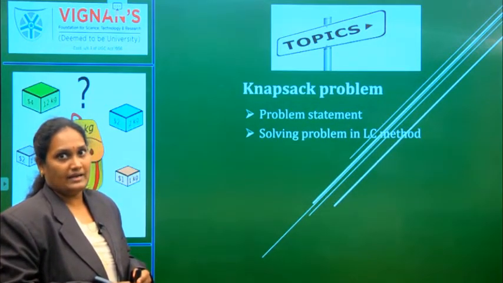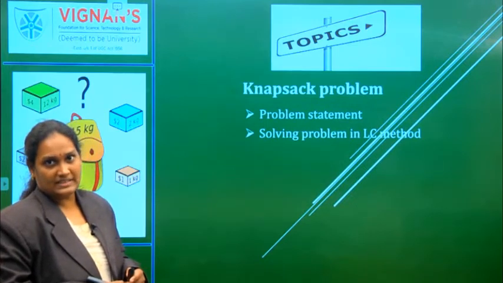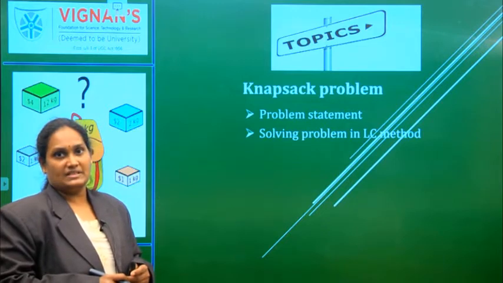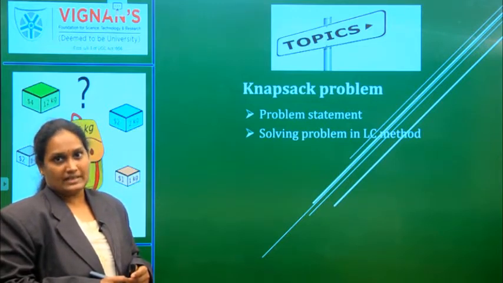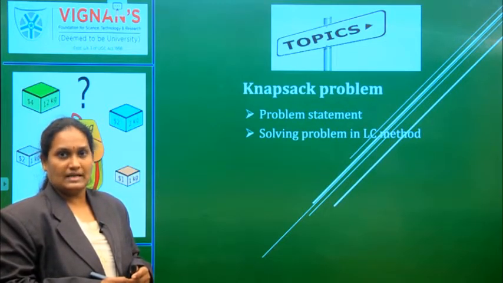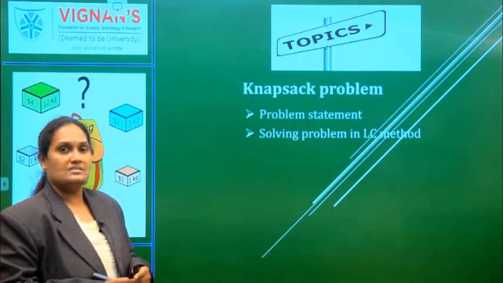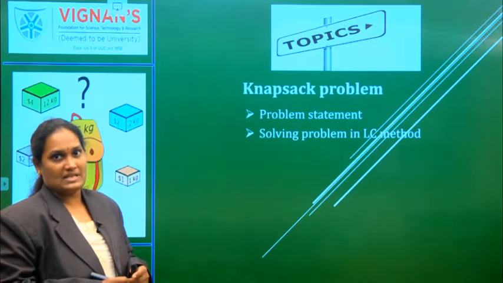While discussing the branch and bound general method, I already explained that we have three types of searching techniques: FIFO, LIFO, and LC method. We solved the traveling salesperson problem in the LC method.